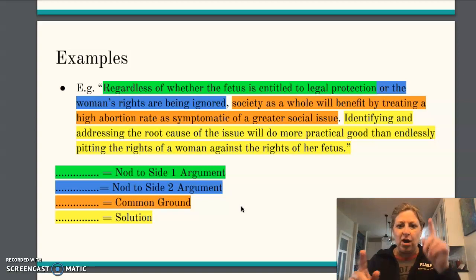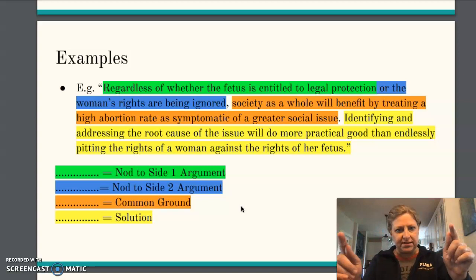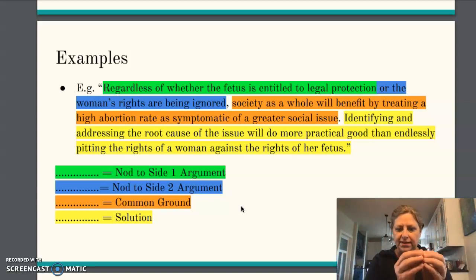So instead of arguing this versus this, we can both agree and we can address the root cause of the issue, of the abortion issue in this case. And that's what your research would focus on.